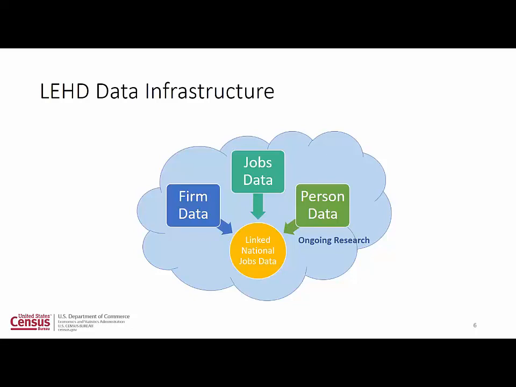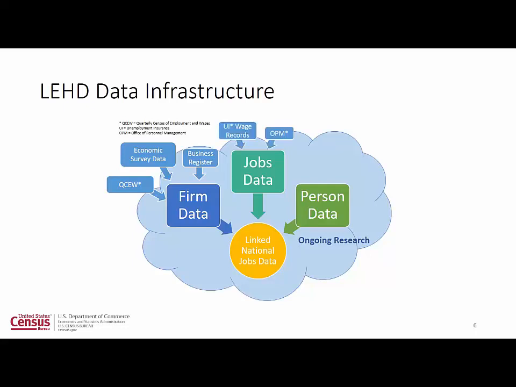And this is a visual representation of that. So firm data we get from a number of sources. One of those is the Quarterly Census of Employment and Wages, QCEW, that comes to us through our state partnership. We also get information from economic survey data, as well as the Business Register, which is a Census Bureau internal product that is sourced out of tax data and other sources as well.